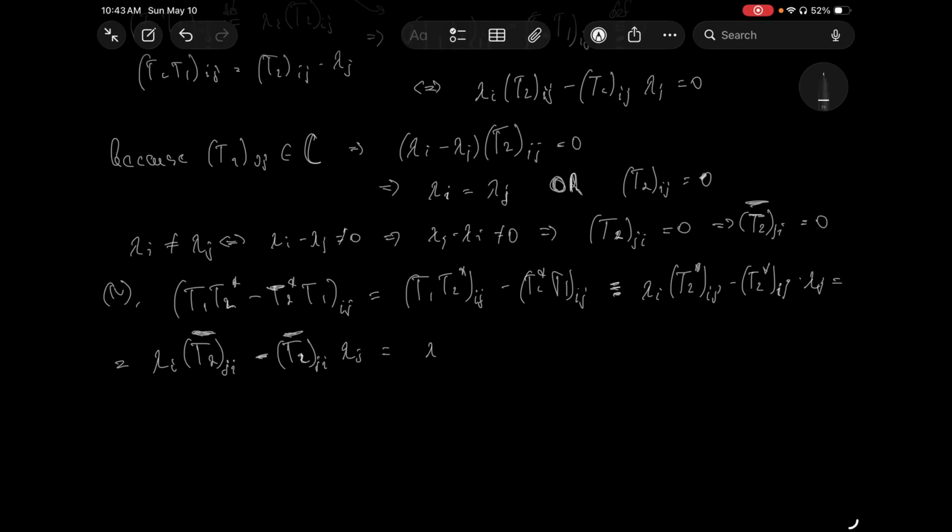Again, we can factor this value out, and we have lambda i minus lambda j times the conjugate transpose value of T2.